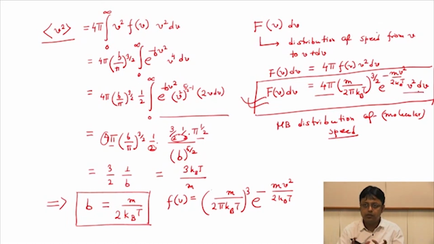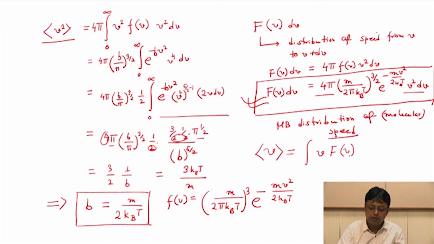So all we have to do is take this function, multiply with some average quantity that we want to measure, and then integrate only over v, because the theta phi integration is already done. For example, which we'll see in the next part, if we want to find the value of average velocity, we have to take this velocity, multiply it by the probability distribution, and then just integrate over 0 to infinity, and we'll get something.